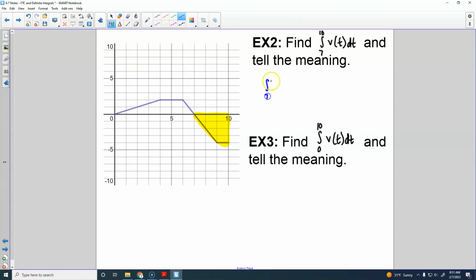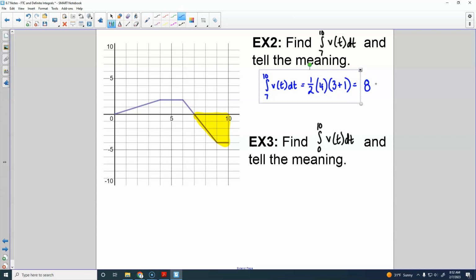So our integral from 7 to 10 of v of t dt is going to be 1/2 times our height, which is 4, times base 1, which is 3, plus base 2, which is 1. And so that is going to give us 2 times 4, which will give us 8.